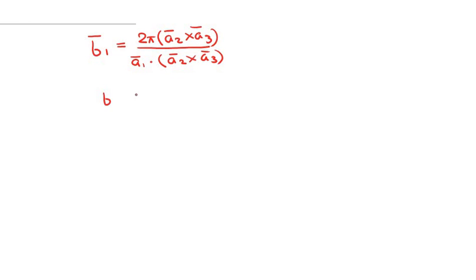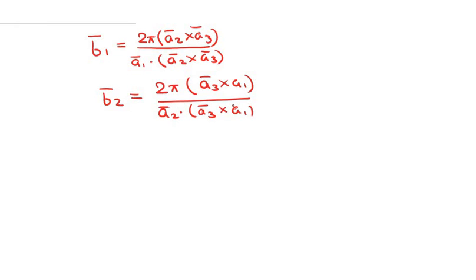So the reciprocal lattice vectors are basically B1 equals 2 pi A2 cross A3 divided by A1 dot A2 cross A3, where A3 is basically z cap, and B2 is basically 2 pi A3 cross A1 divided by A2 dot A3 cross A1.